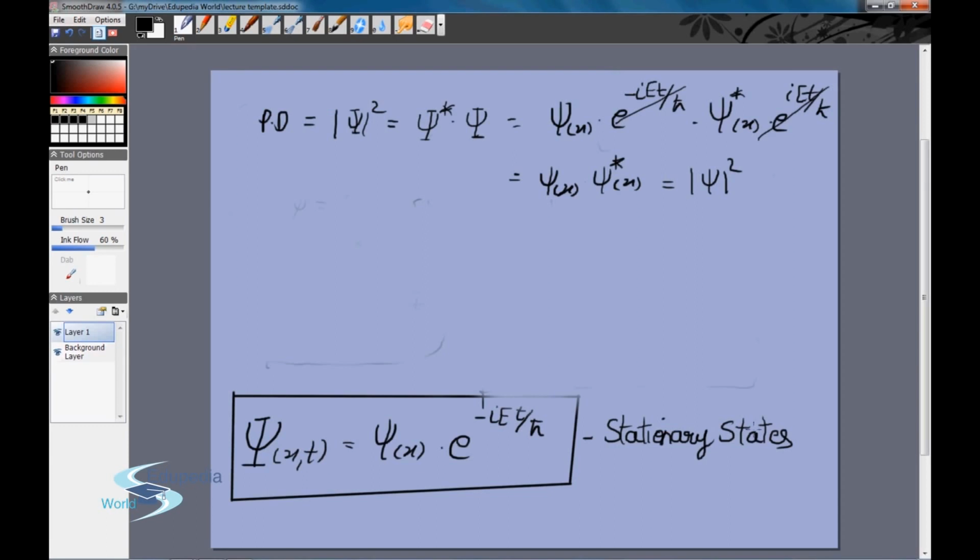In fact, it's not just the probability density, the expectation value of every variable will be independent of time. So we saw the expectation value of any function f of x, which was a function of position and momentum. So I should actually write x comma p. But remember, the position operator was x and the momentum operator was h by iota d by dx.